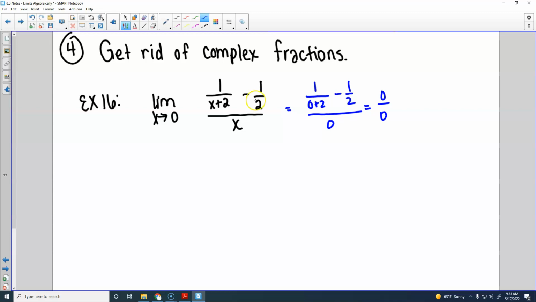So I'm just going to go ahead and get the common denominators here. So for that numerator, we're working on just the numerator right now. I need to multiply this by 2 on top and bottom, and this by x plus 2 on top and bottom.